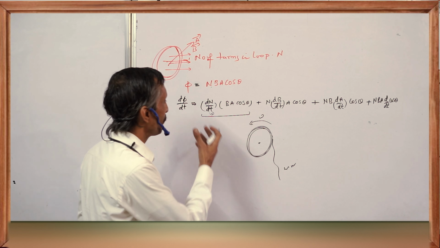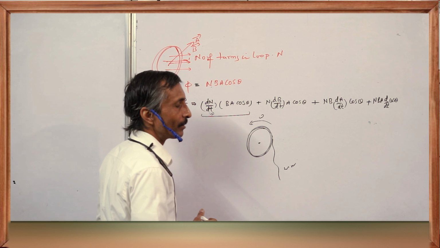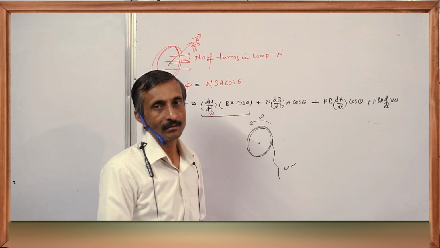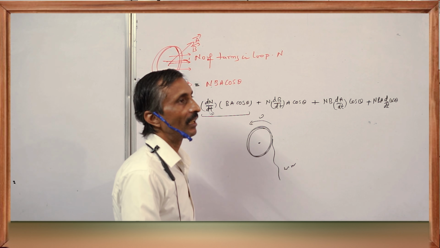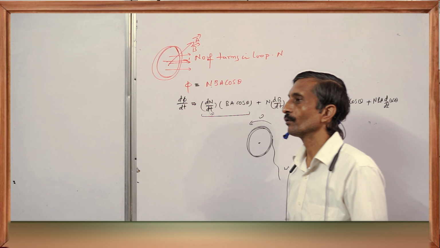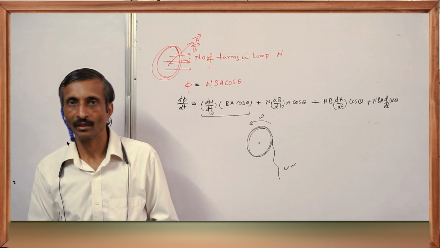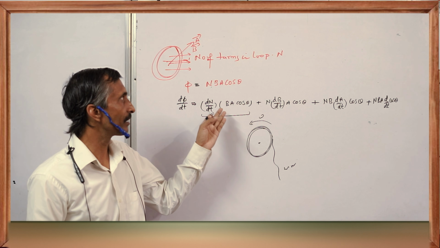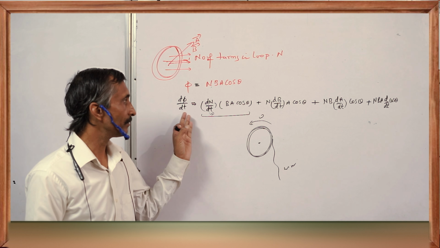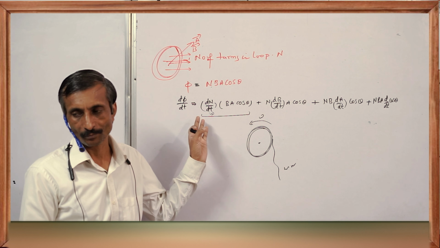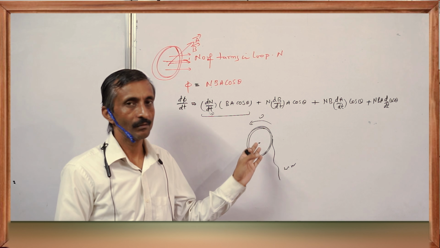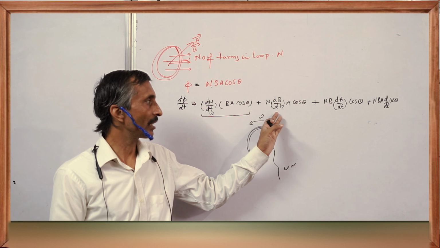How is the number of turns changing? For dN by dt, we can say 2 pi r is the length in one turn, and how many times it changes depends on d theta by dt, which is given as omega. So we can find the rate of change of the number of turns. Next, the magnetic field inside or outside this ring is changing with time.